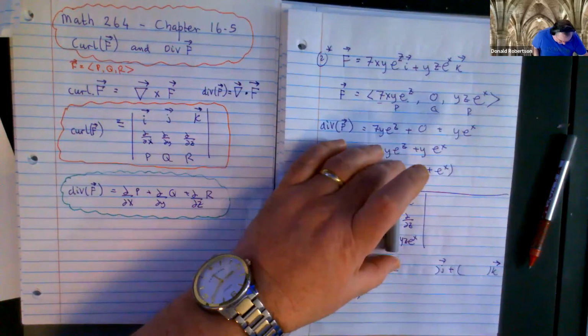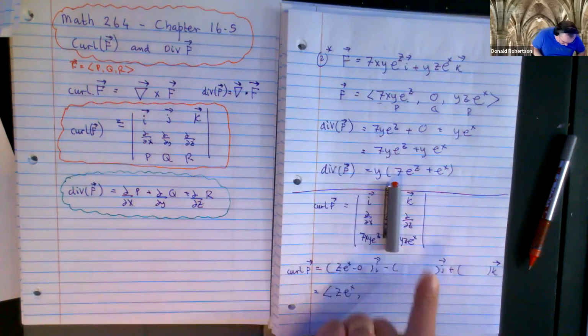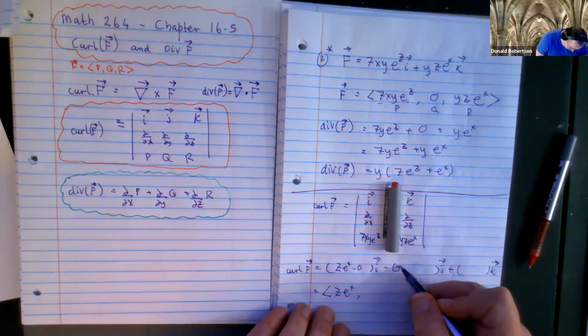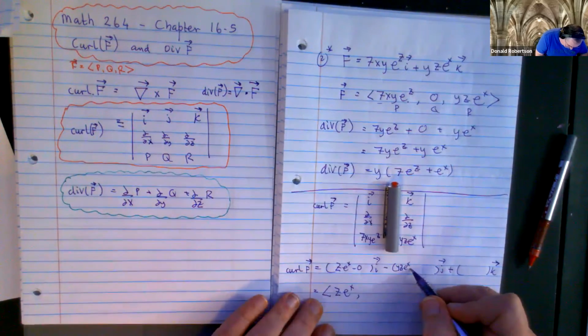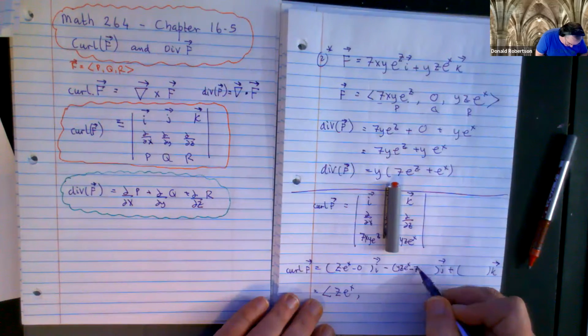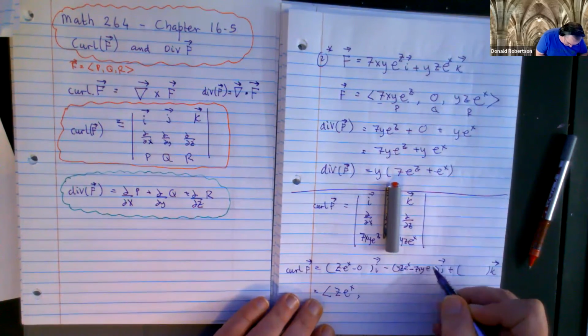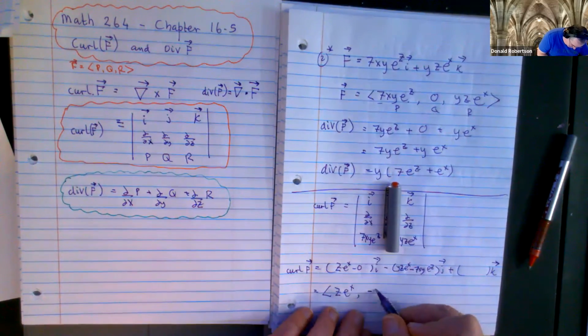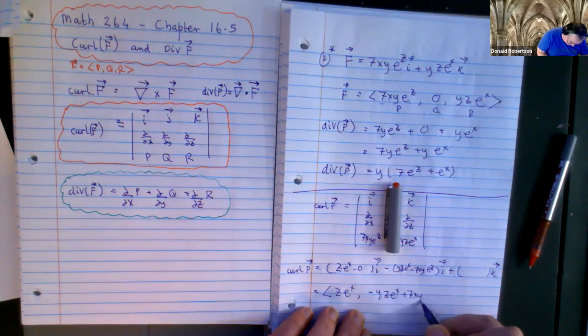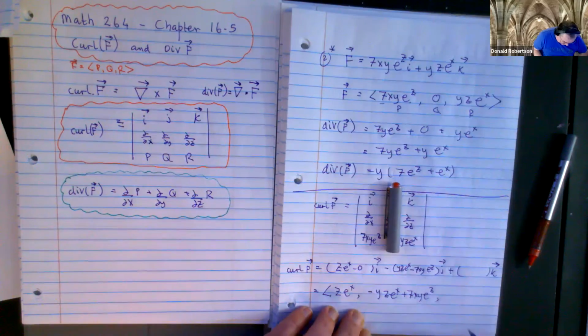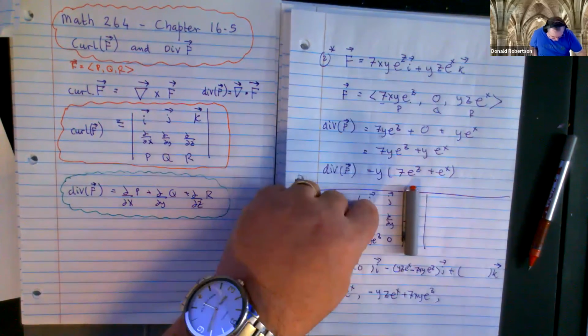If you do the middle one, you're going to get yz e to the x, and take away this guy, minus 7xy e to the z. Not very pretty. And if you do the last one, you're going to get nothing.